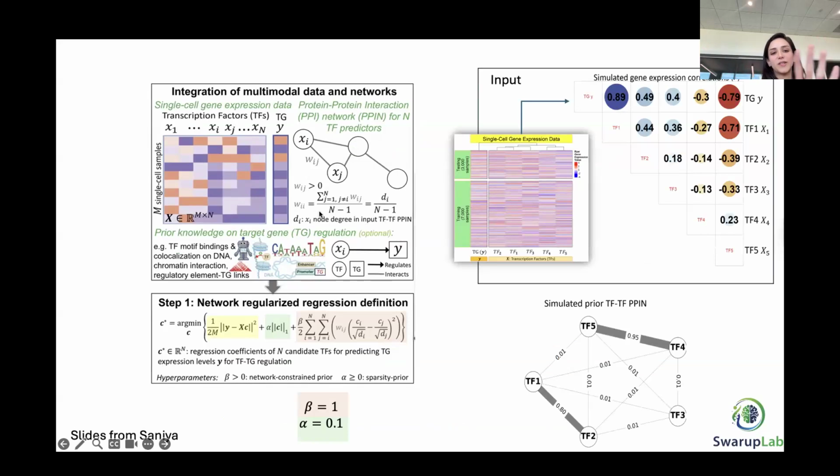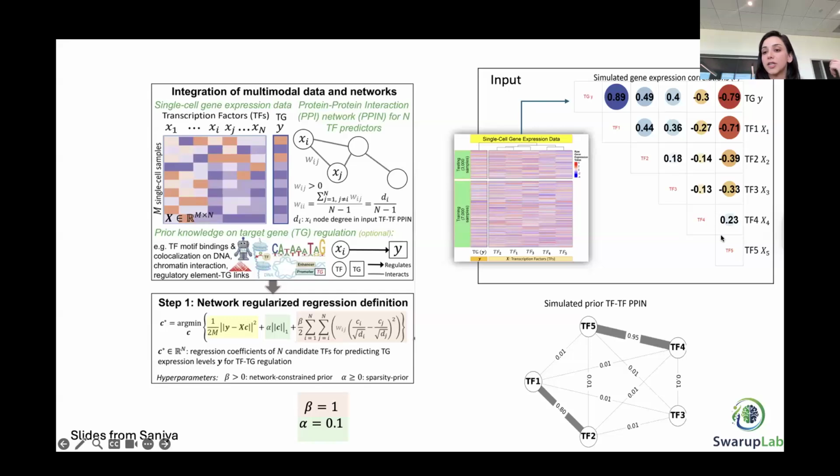So we already talked about the overall input on step one. Why NetREm helps us in this inference is, if you look at the panel on the right side, we see a set of correlations for target gene Y based on transcription factor 1 through 5.